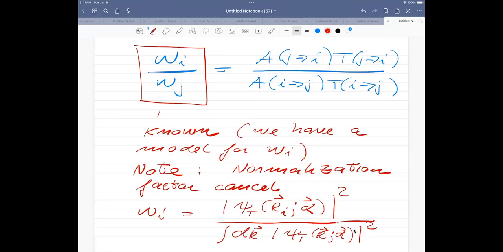Okay, so what you are going to see now is the following, and you will see why we split this into a transition probability and an acceptance probability. Because what we are going to do now is to plug in physics in here, and this quantity is just going to be us accepting or rejecting a proposed move. So let's now go back and manipulate this equation a little bit.